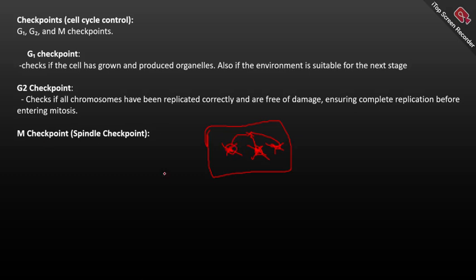So the M checkpoint is going to check if all the chromosomes and the kinetochores are attached to the microtubules. These rope-like structures here are what are called the microtubules.